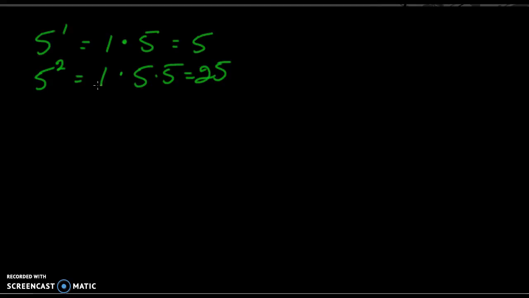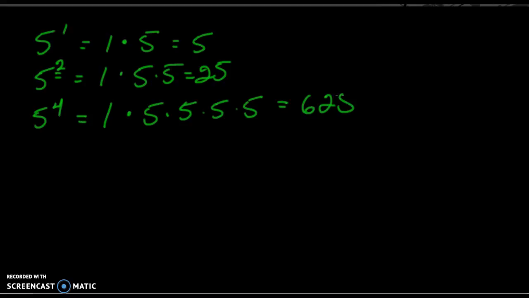I'm going to multiply 1 by the base the number of times that the exponent tells me, is another way to think of exponents. And for example, 5 to the fourth power is going to be equal to 1 times 5 times 5 times 5 times 5, or 625.